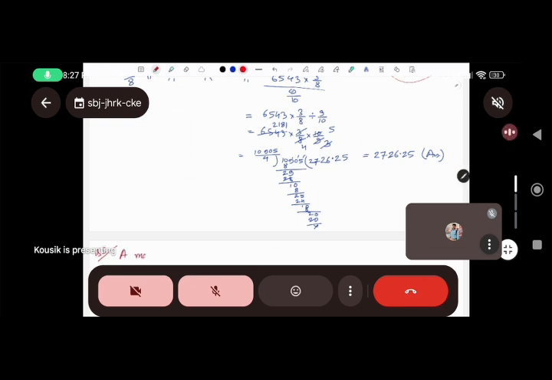A man earns rupees 14400 per year. Find his monthly income.